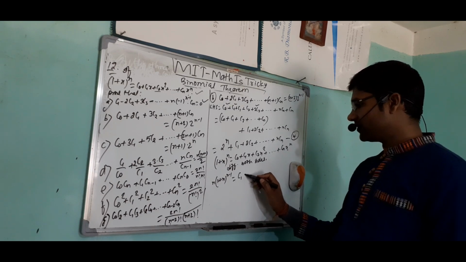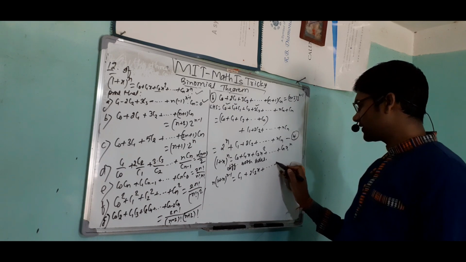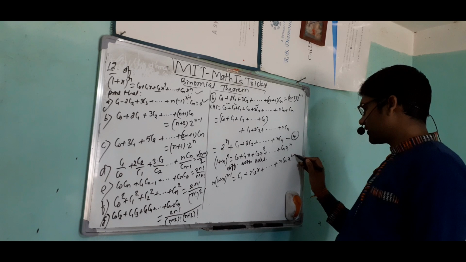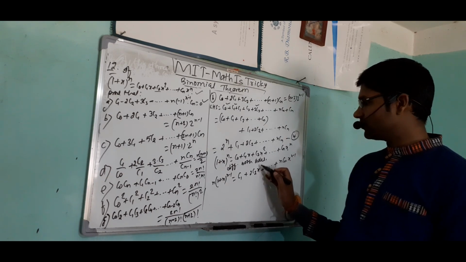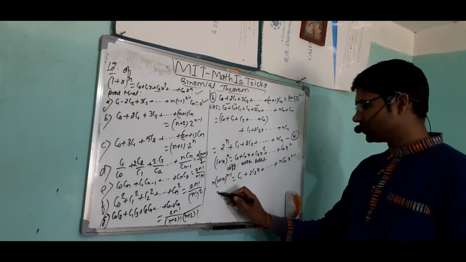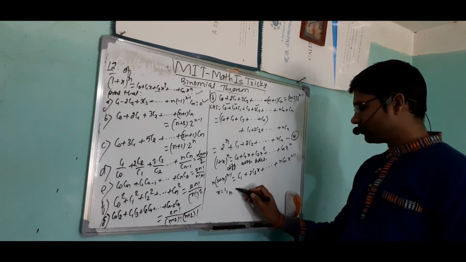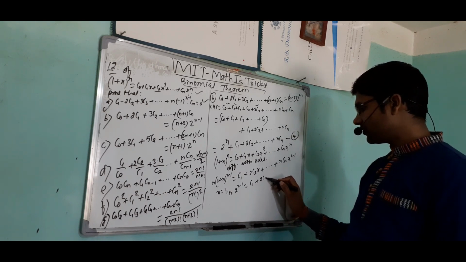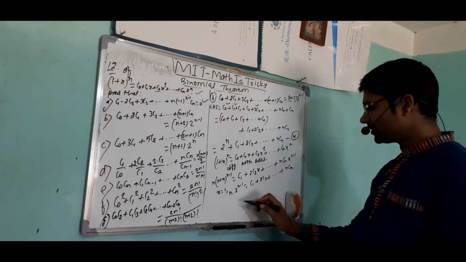So it is here c1 plus 2 c2 x plus dot dot dot n cn x power n minus 1. Now what we need here is this 2c2. See here x, so put here x equals 1. We get n into 2 power n minus 1 equals c1 plus 2c2 plus dot dot dot n cn.